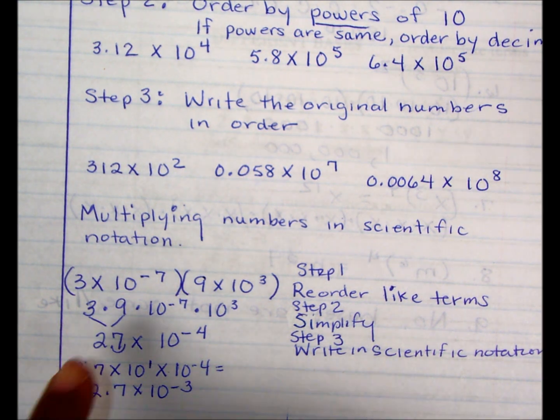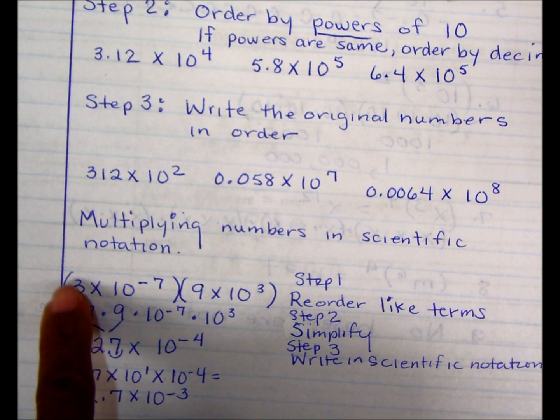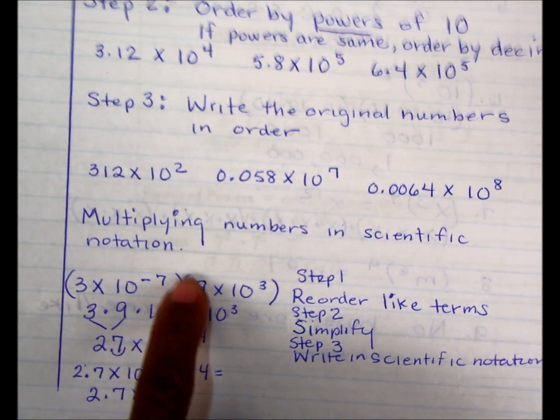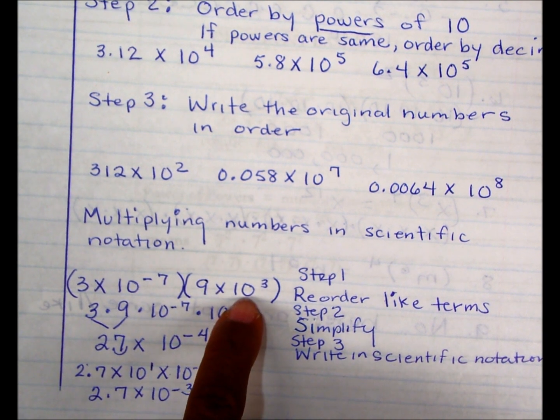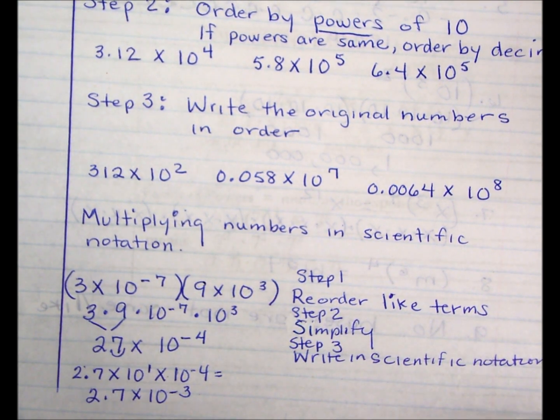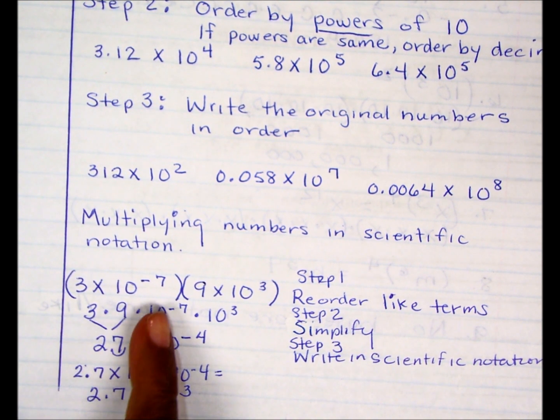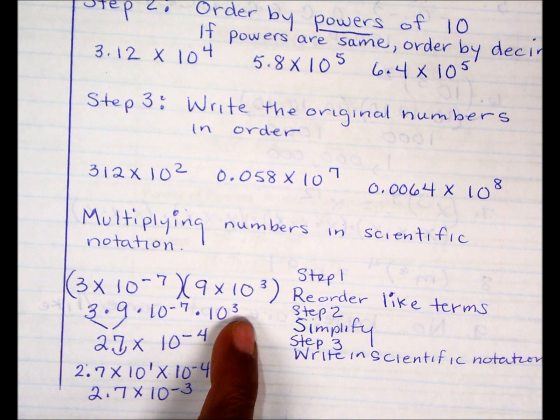So let's look at this. 3 times 10 to the negative 7 times 9 times 10 to the 3rd power. So the like terms are 3 times 9 and 10 to the negative 7 times 10 to the 3rd.